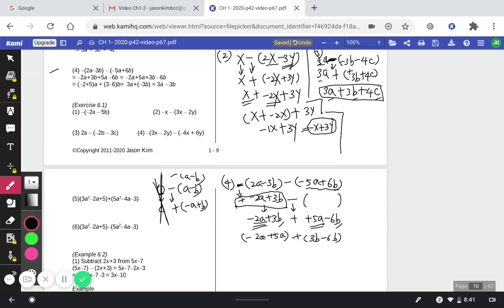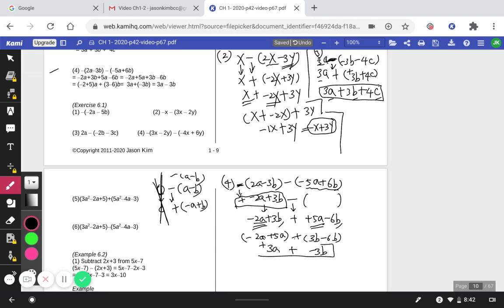So when you do the addition of signed number operations, this will become two different signs. So you subtract, and 3a with a positive, because the bigger number has positive. Plus 3b minus 6b, you have different signs, 3, and the bigger number has a negative.